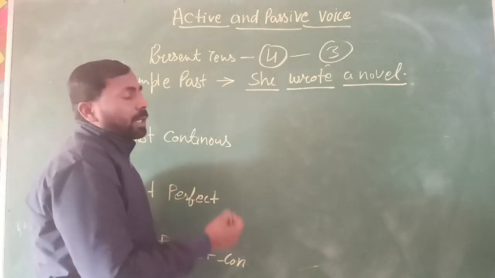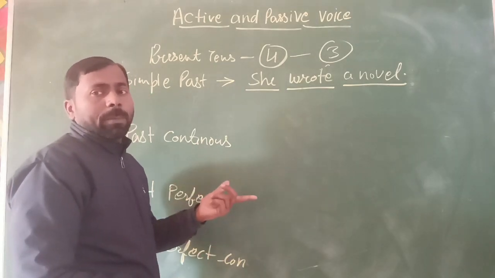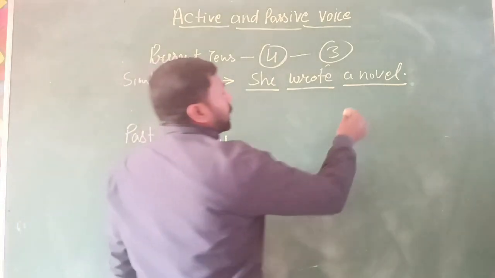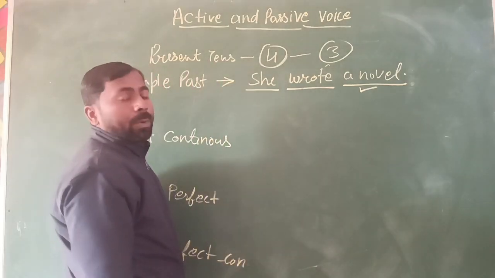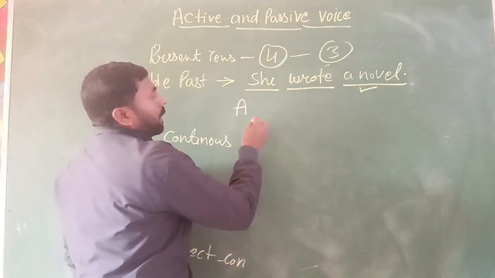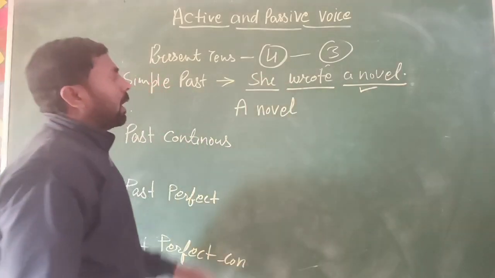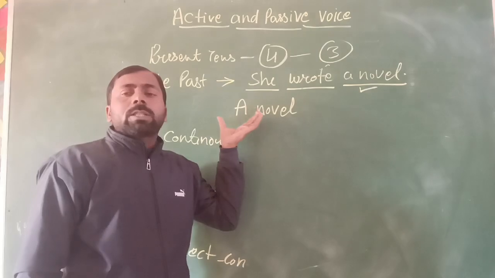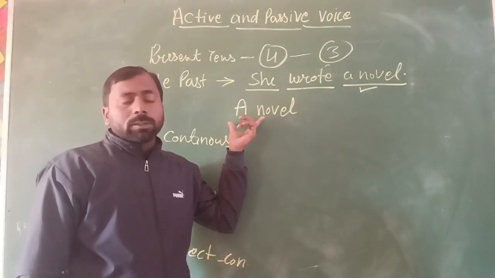Now we can change it into the passive voice. The process of the passive voice is same as that we learned. Okay. First we pick up the object. Object is a novel. A novel replaces the subject. A novel is a singular number subject.